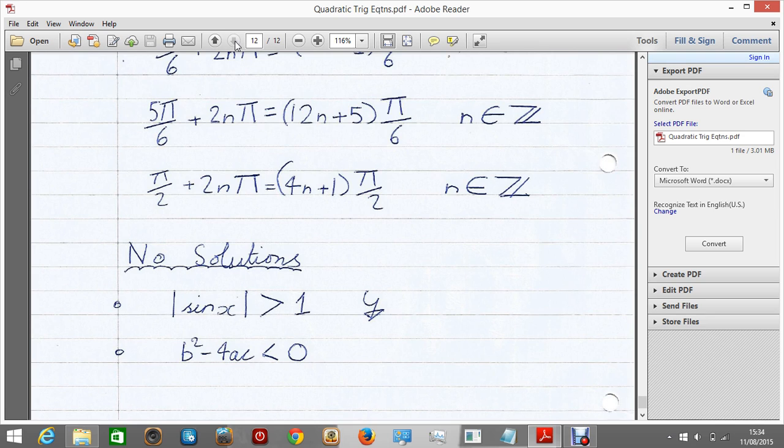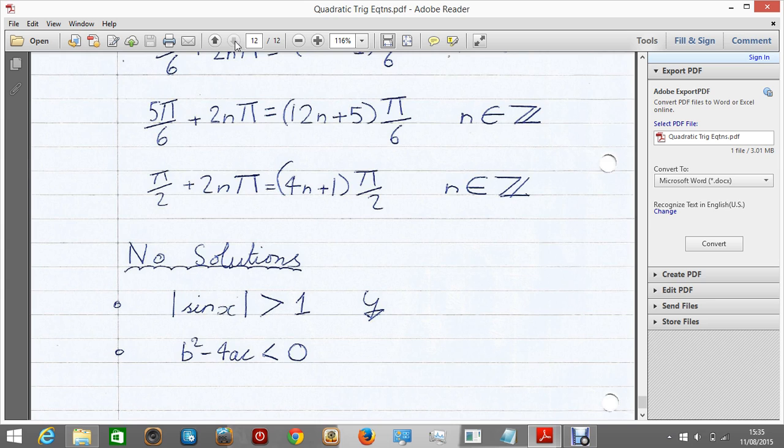That can never happen. Both sine and cosine are bounded in the sense that they can never be less than -1 or greater than 1. So you'll have no solution. And then, as with traditional quadratic equations, if you take the discriminant, i.e. b squared minus 4ac, if that is less than 0, then you won't have any solutions either.